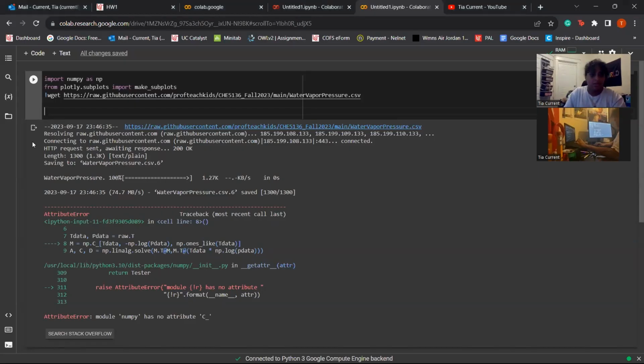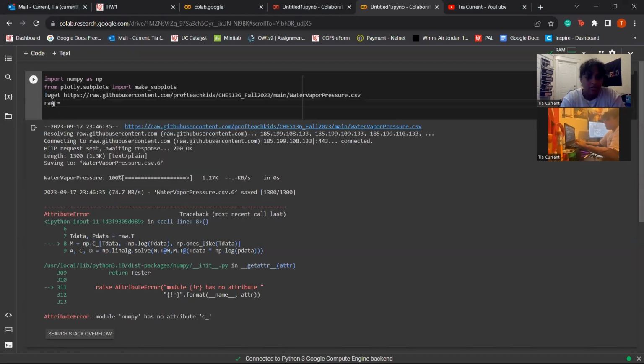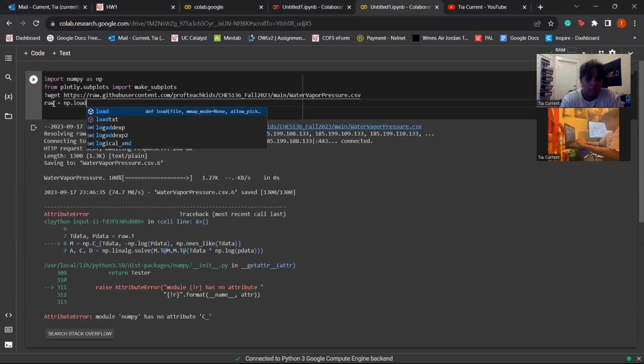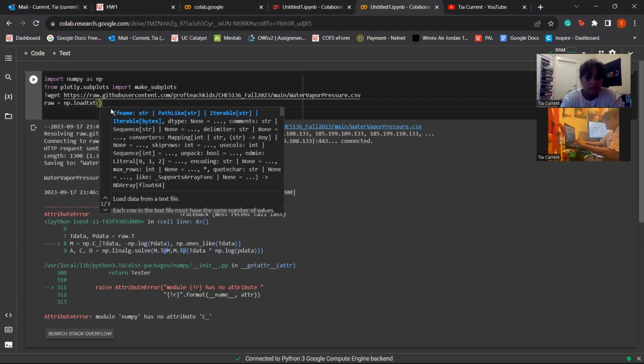Okay, and the last one I accidentally forgot how to spell delimiter, but raw is equal to np.loadtxt. We're going to load the text in the CSV.